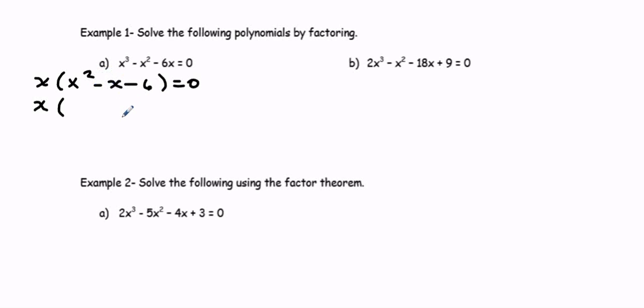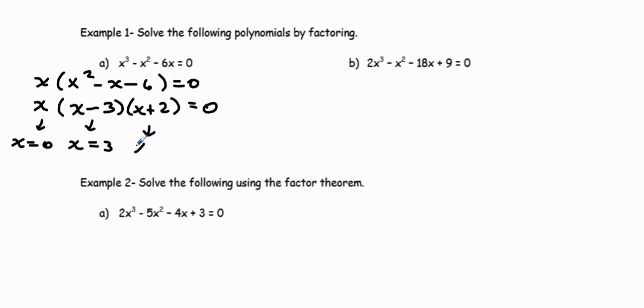And so those two numbers are -3 and +2. So I have fully factored this. Now, to find the roots, though, we say that x equals 0. We say that x equals 3 when we take the opposite sign, of course, and x equals -2.